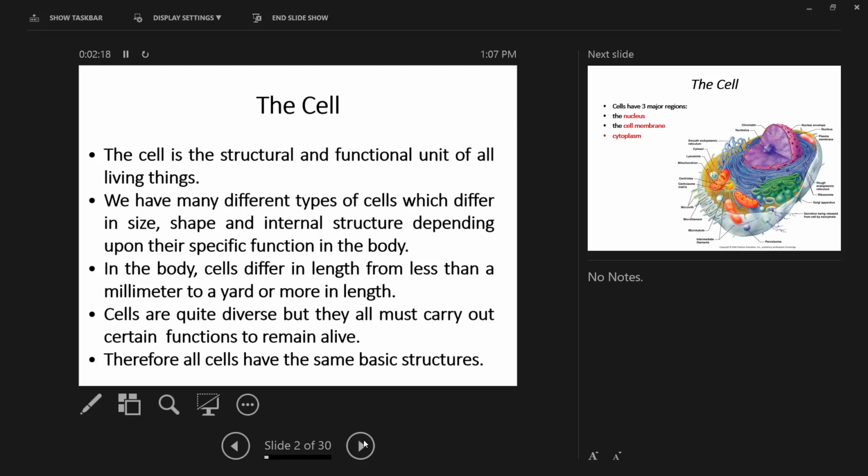Some cells can be 3 or 4 feet long. The longest cells in our bodies are the neurons that show up in our large nerves outside the brain and spinal cord. There's a very large nerve leaving the area of our hip called the sciatic nerve, and it goes from our hip all the way down to our big toe. It runs behind our knee.